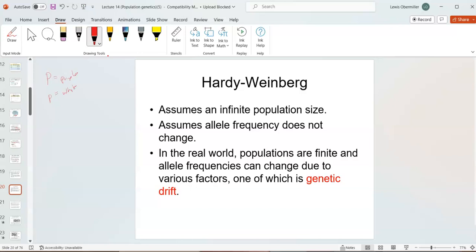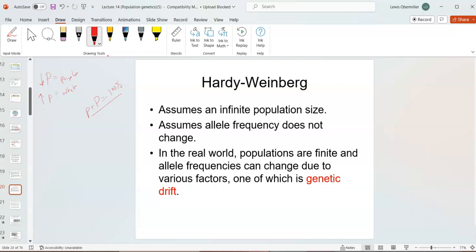So what do you think is going to happen to the purple allele if the animals like to eat purple flowers? This is going to go down, right? And if that goes down, because you know these added together have to be 100%, this has to go up percentage wise, right? Because we're talking about probabilities.